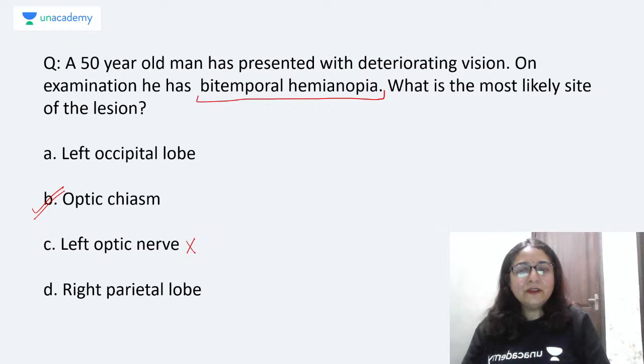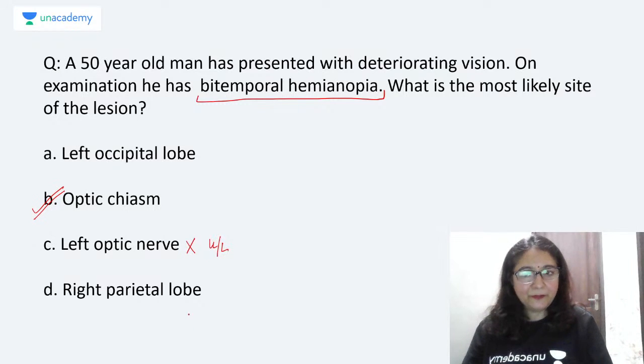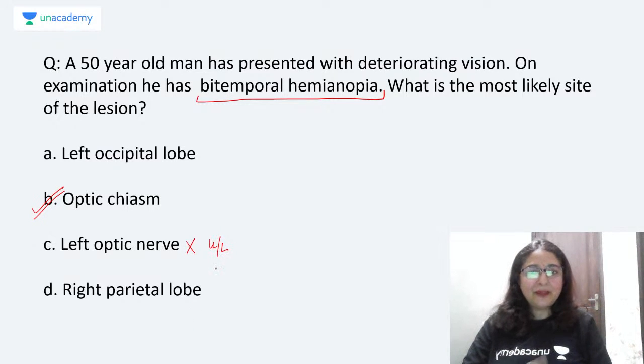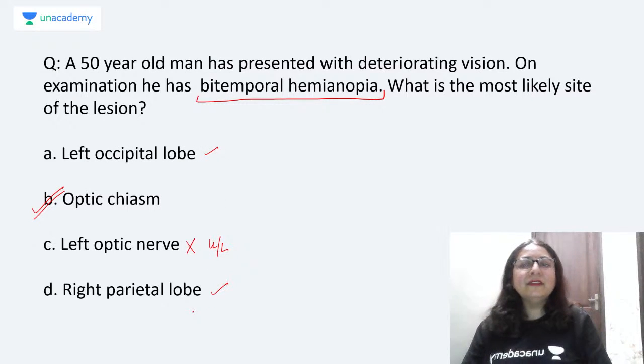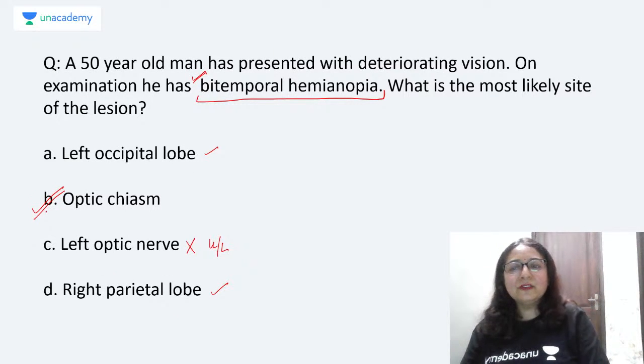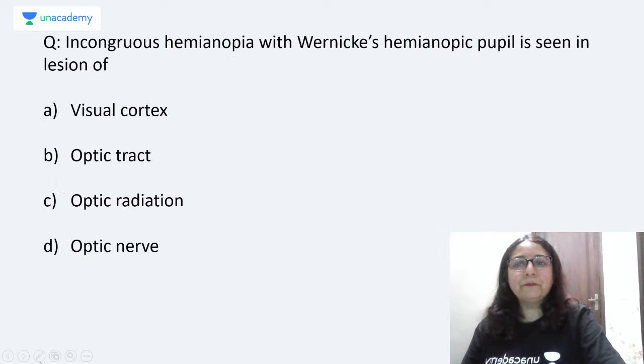An optic nerve lesion will have only a uniocular field defect, except for the junctional part. Occipital lobe or parietal lobe lesions produce homonymous defects, not bitemporal defects. So the right answer to this question is optic chiasma.